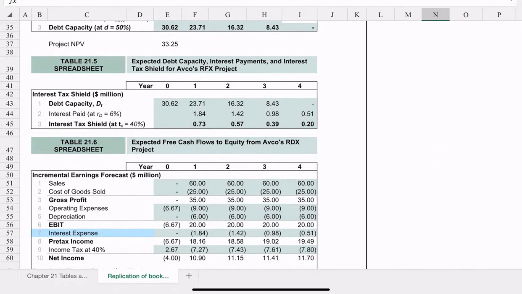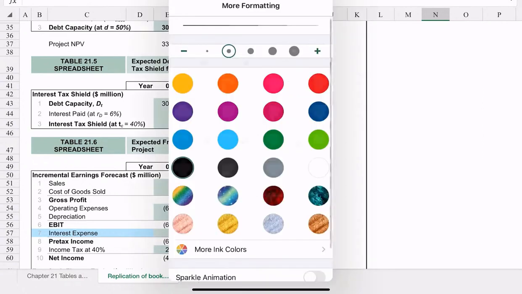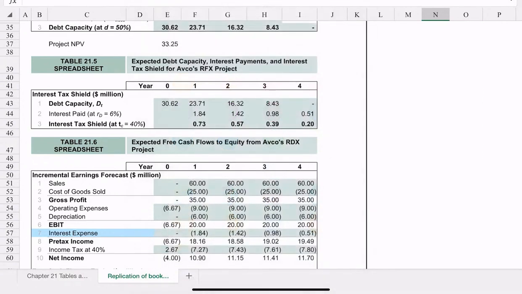So we discussed debt capacity in the last lecture, right? So for example, okay, let me change the red color. You can see that in this row, we have the firm's debt capacity from the first year, year 0, to the fourth year. And based on the debt capacity, we can basically calculate the firm's net borrowing, right?